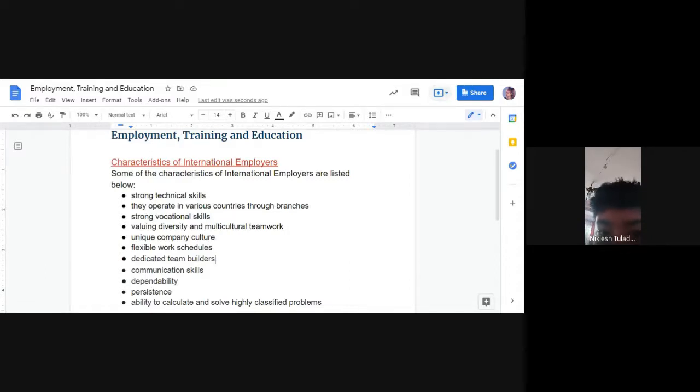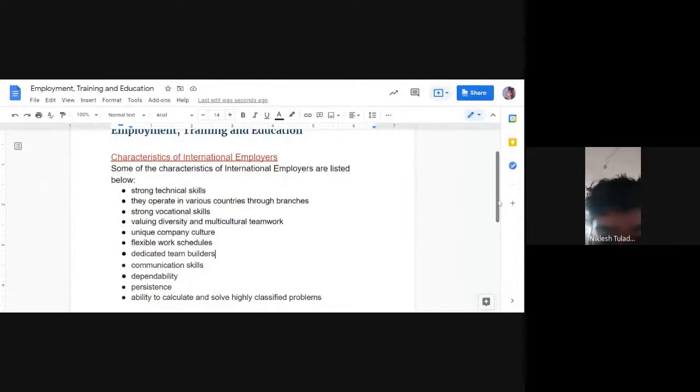So you need to have strong vocational skills, valuing diversity and multicultural teamwork, unique company culture, flexible work schedules, dedicated team builders, communication skills, dependability and persistence, and the ability to calculate and solve highly classified problems. So these are the characteristics of international employers.